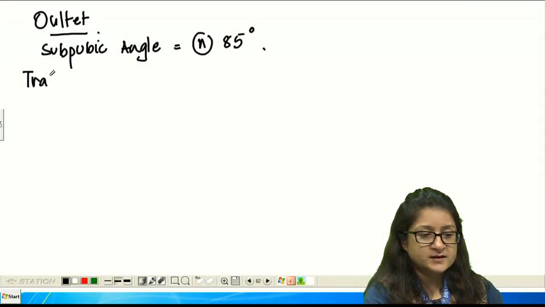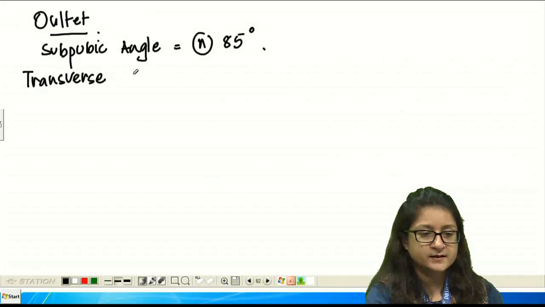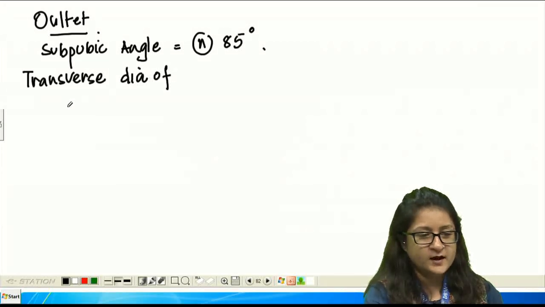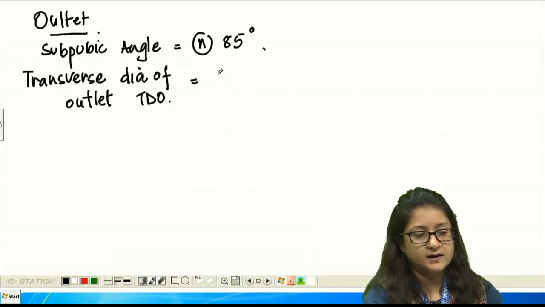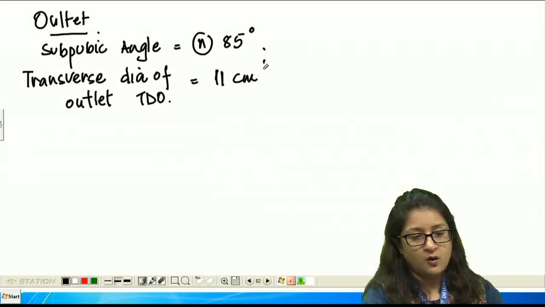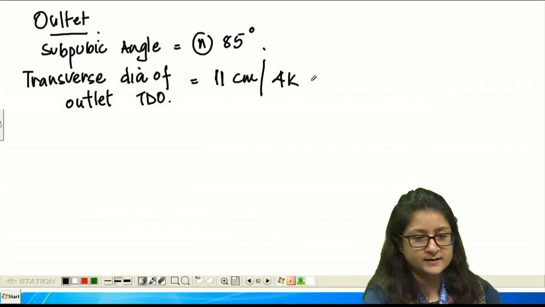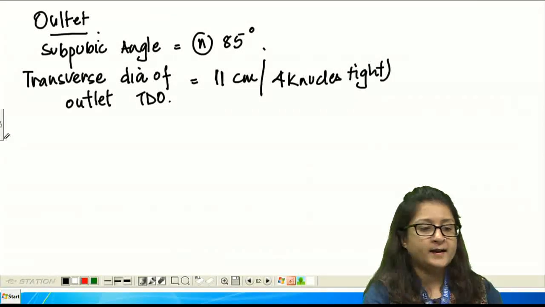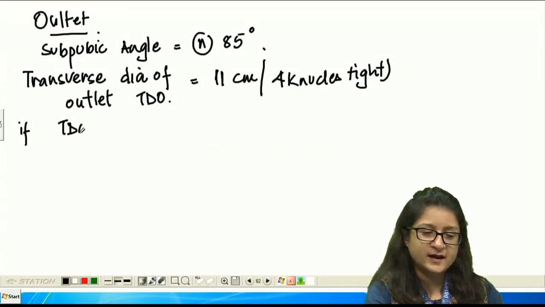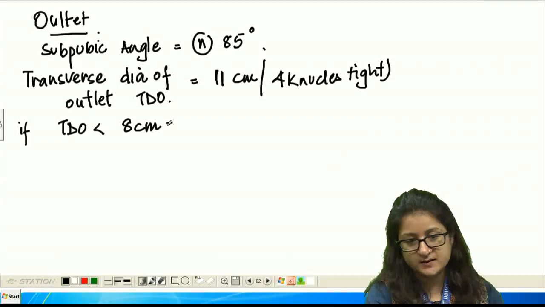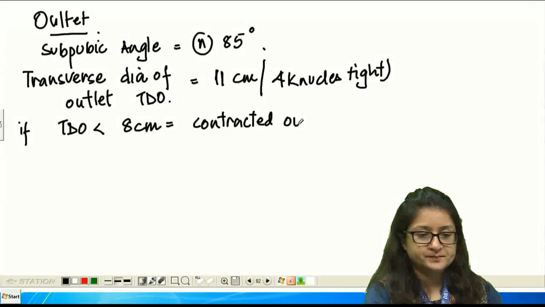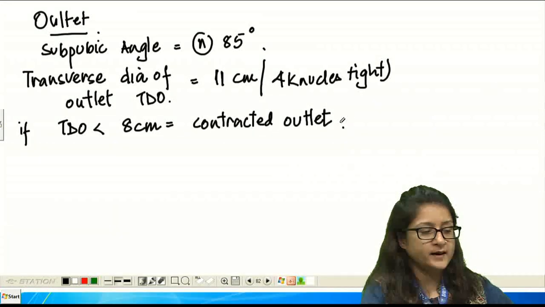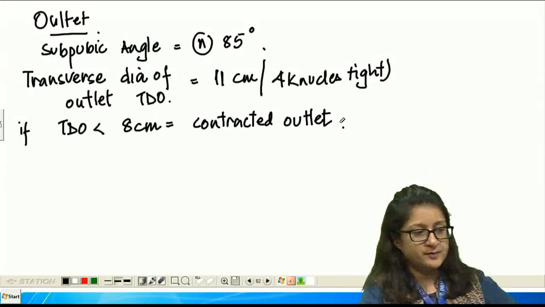Then we measure the transverse diameter of outlet, the TDO, which is around 11 centimeters, or clinically 4 knuckles tight. If the transverse diameter of outlet is less than 8 centimeters, it means there is a contracted outlet. These are the important points to remember.